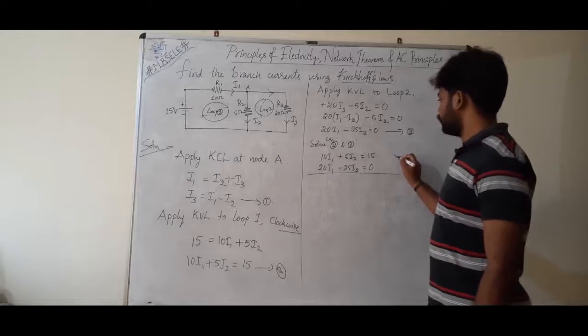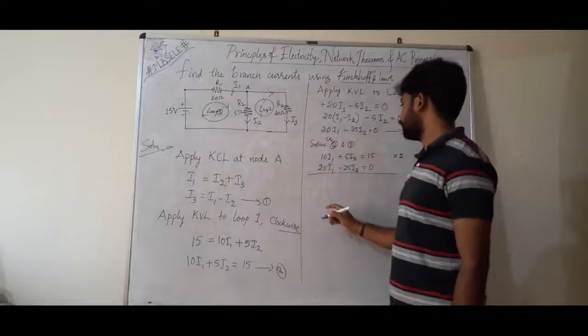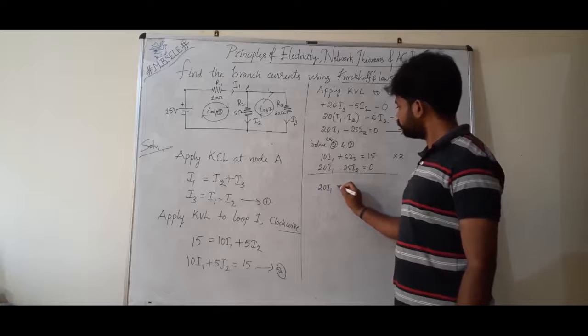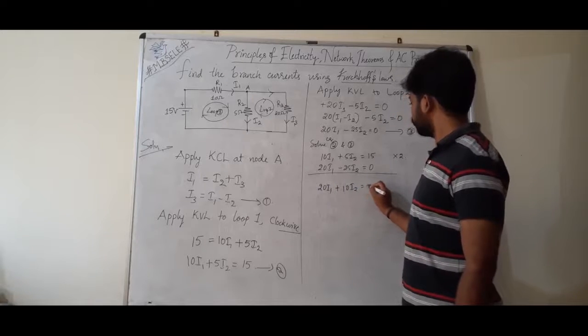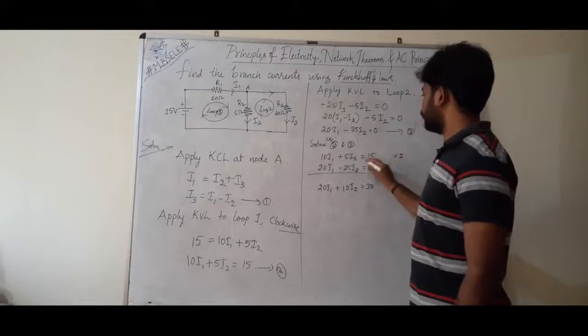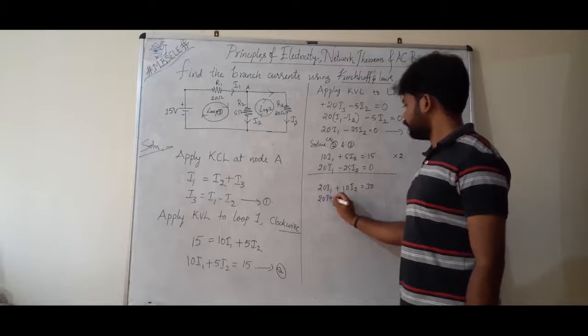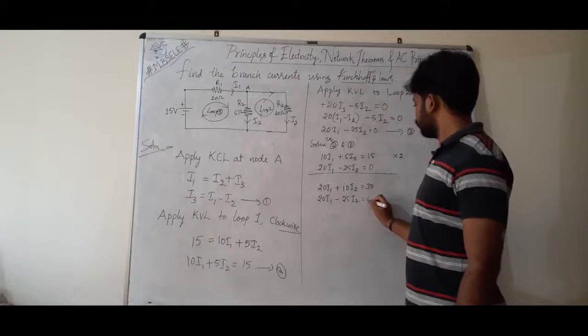Let us multiply the first equation by 2 so that the I1 term cancels. So 20I1 plus 10I2 is equal to 30, that is 15 into 2. Next, 20I1 minus 25I2 is equal to 0.